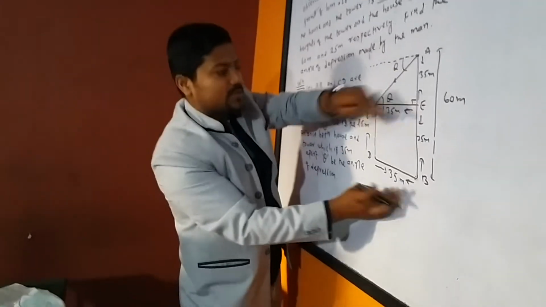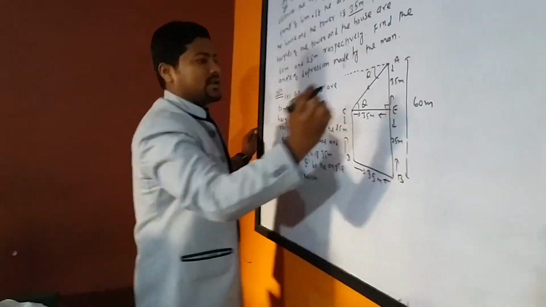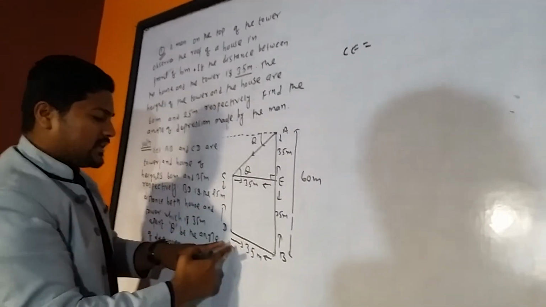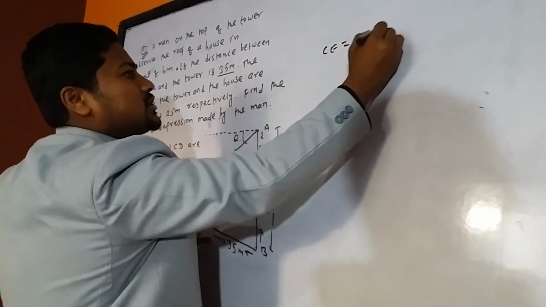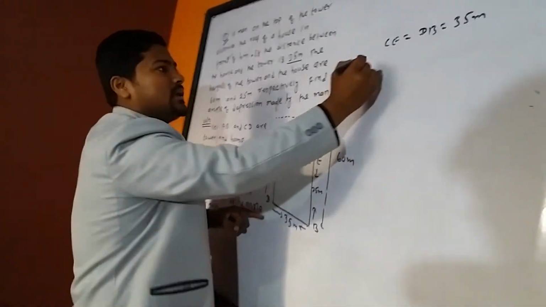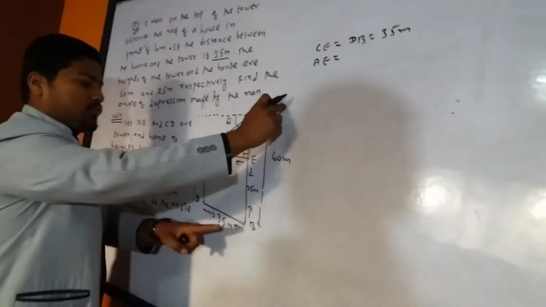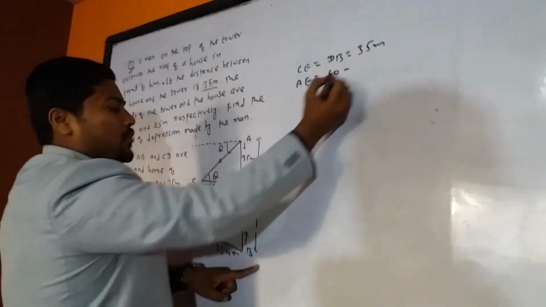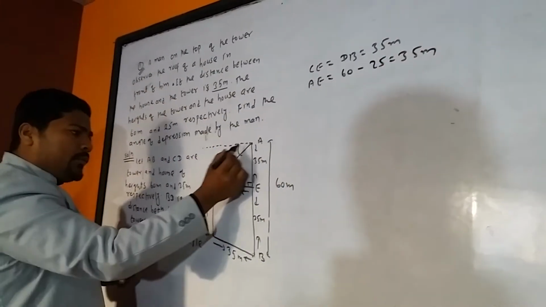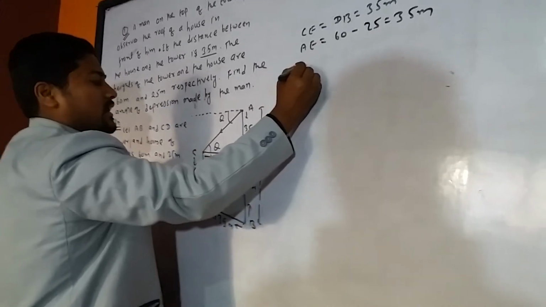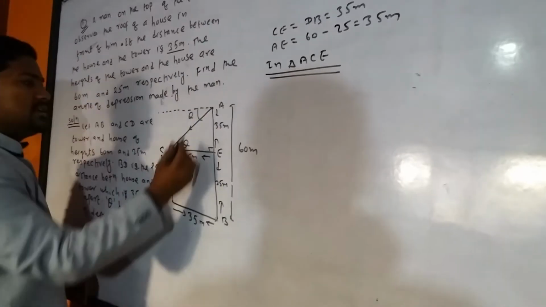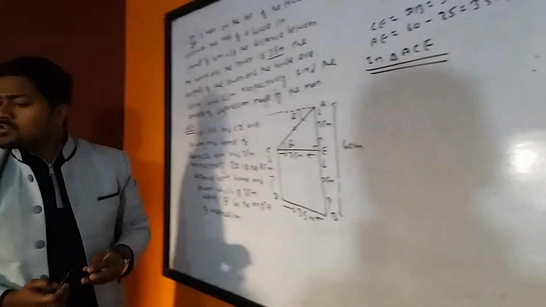That's why we write like this: CE is equal to DB or BD, which is 35 meters, and AE is 60 minus 25, which is 35 meters. Then only we go into triangle ACE. Now maximum students are confused.